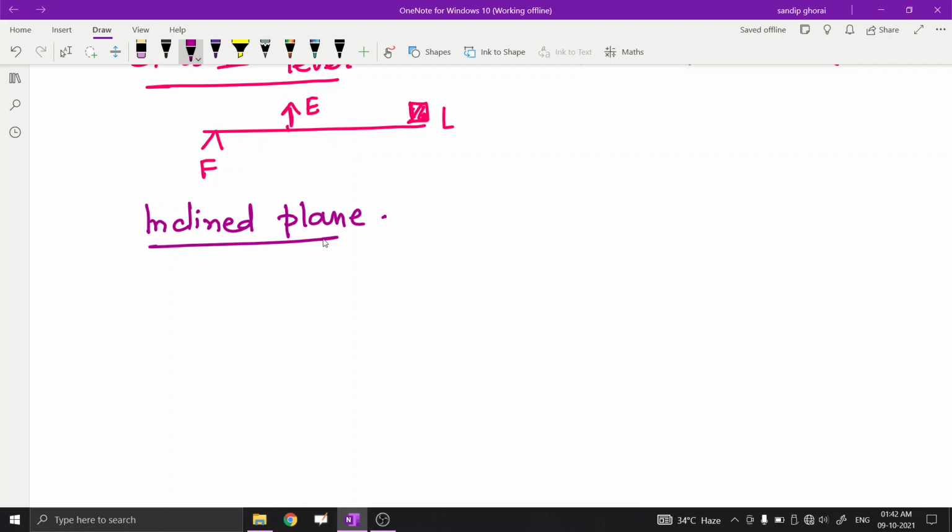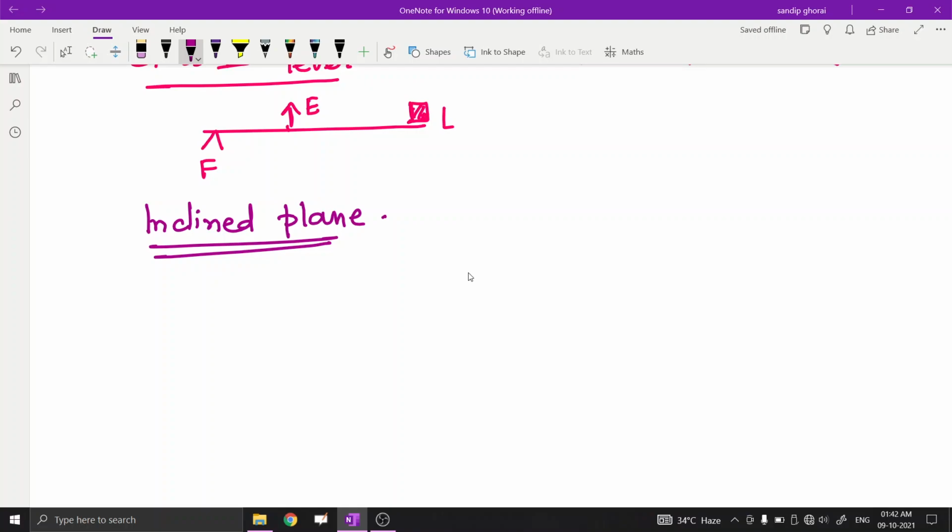So what is the definition of inclined plane? An inclined plane is a rigid sloping surface over which heavy loads can be raised or lowered to a certain height or depth.